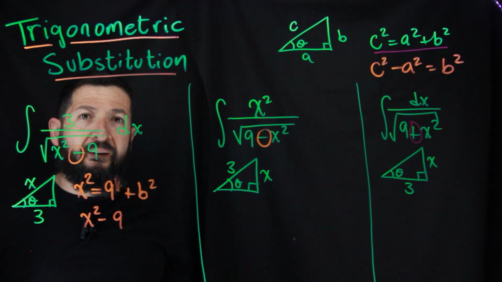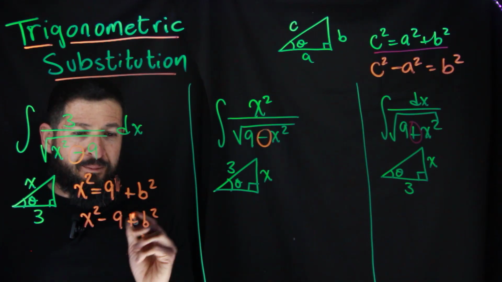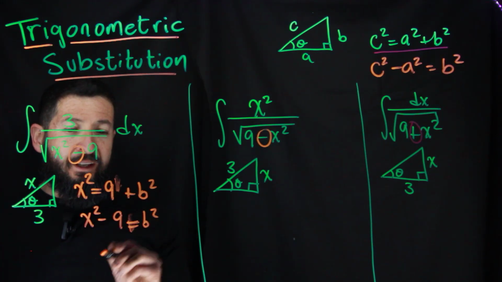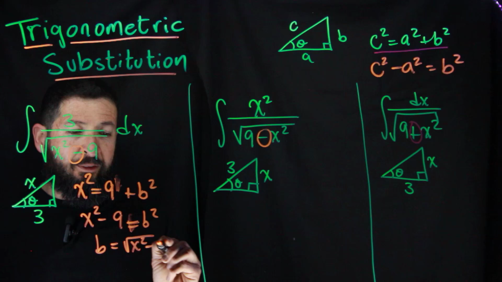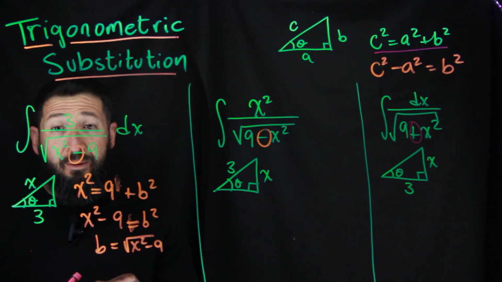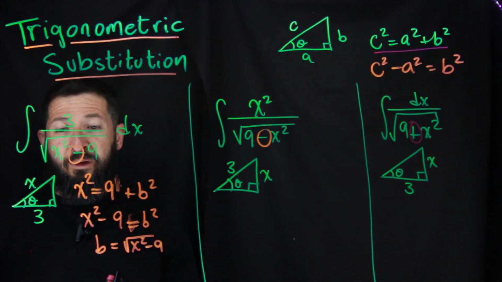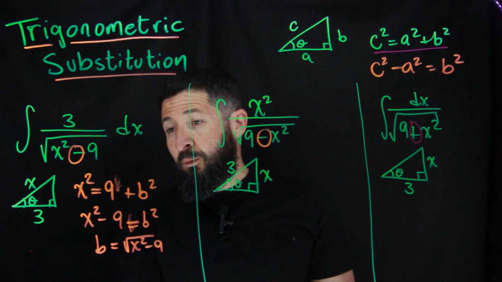Sorry about that. Plus b squared. And so x squared minus 9 equals b squared. I didn't hit shift on the keyboard. So then you get that b is going to be the square root of x squared minus 9. Thank goodness I said I was going to erase it because it became a mess. But notice that this square root is going to be the last part of your triangle. So let's go ahead and erase that mess and put it down where it goes.